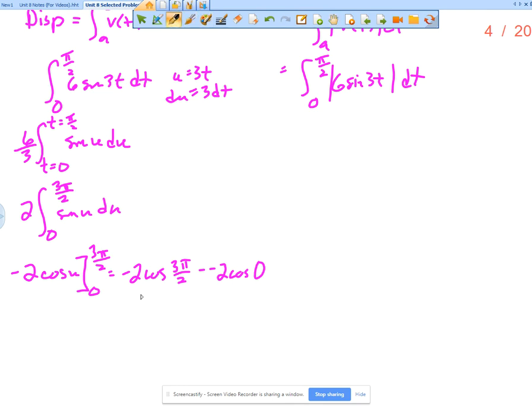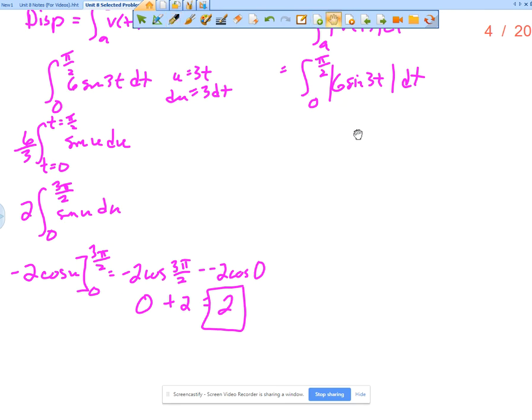Cosine of 3 pi over 2 is 0, and cosine of 0 is 1. So 0 plus 2, my displacement is 2. What does that mean? That means we are 2 units to the right of where we started after the pi over 2 seconds have elapsed.